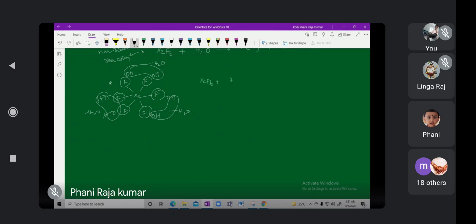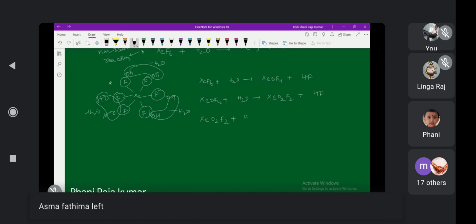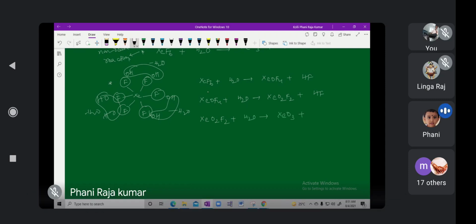XeF6 with H2O, first it forms XeOF4 plus HF. In the next step, XeOF4 plus H2O gives XeO2F2 plus HF. In the next step, XeO2F2 plus H2O finally gives XeO3 plus HF.